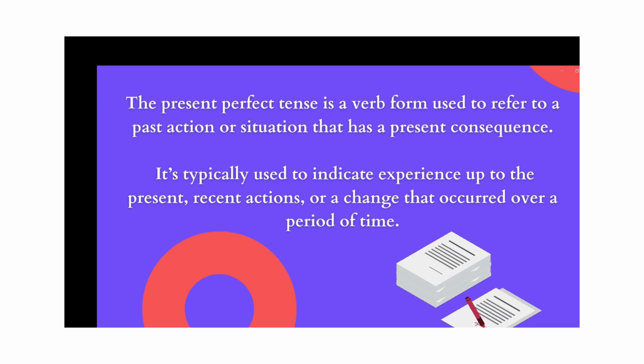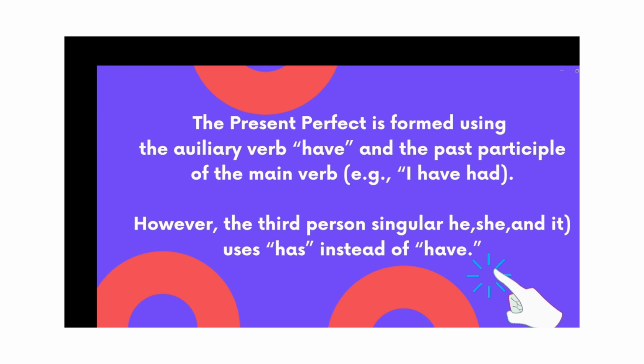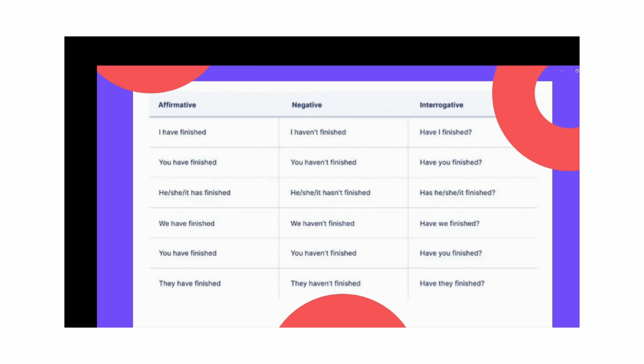The present perfect is formed using the auxiliary verb have and the past participle of the main verb. For example, we can say I have had. However, the third person singular, he, she, and it, uses has instead of have. As you can see below, there is a table with conjugations in the present perfect simple.